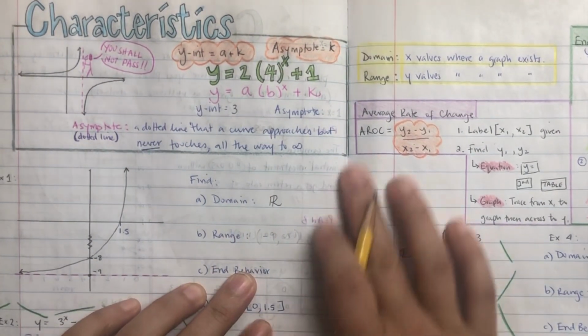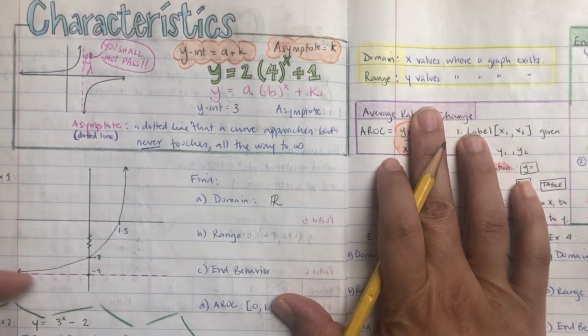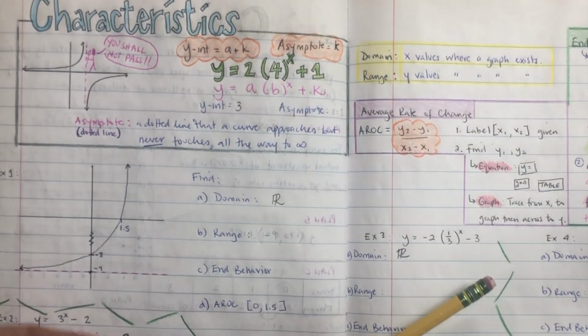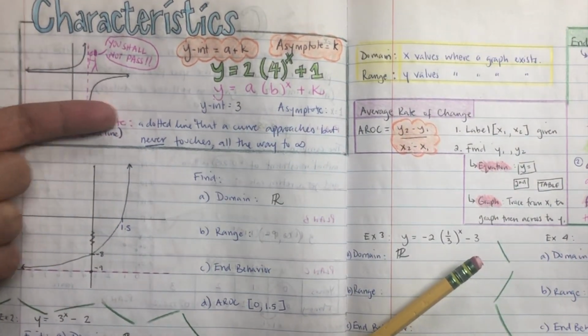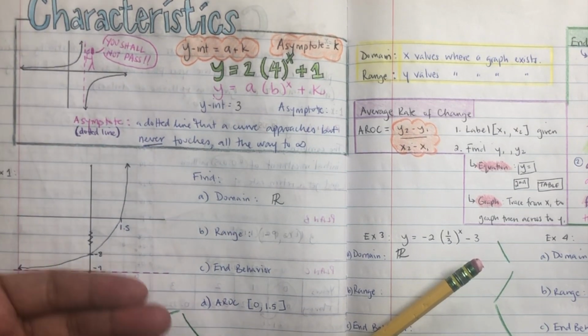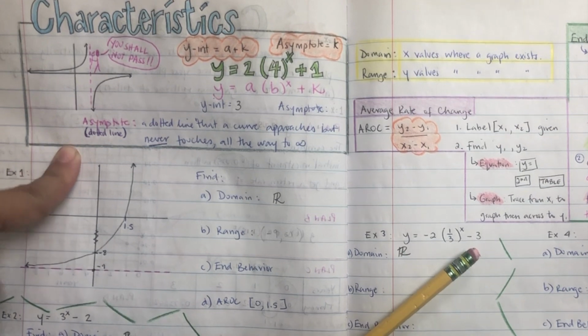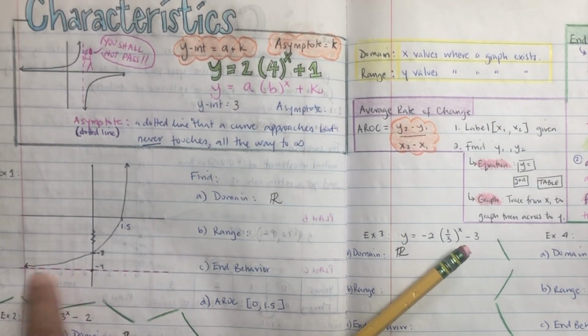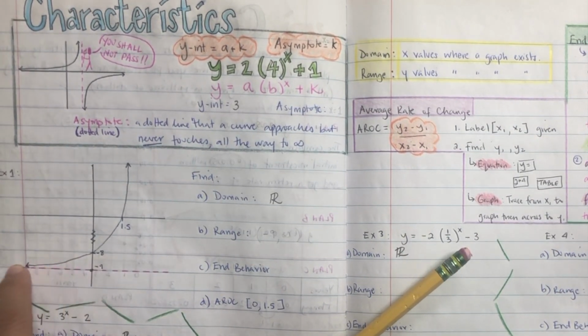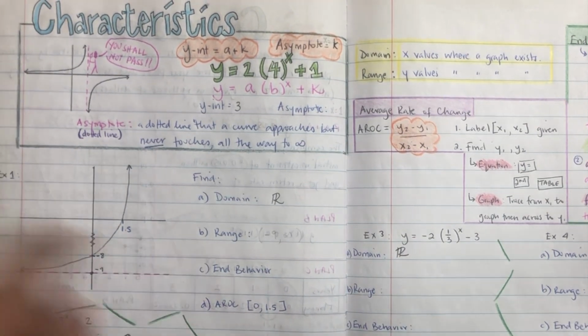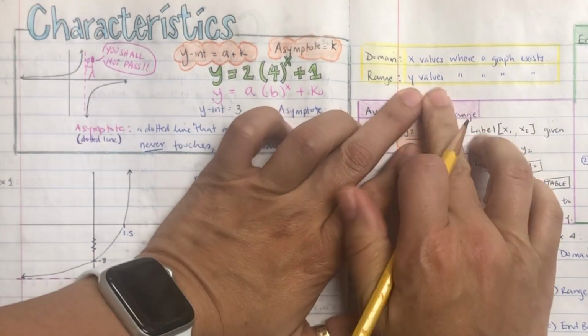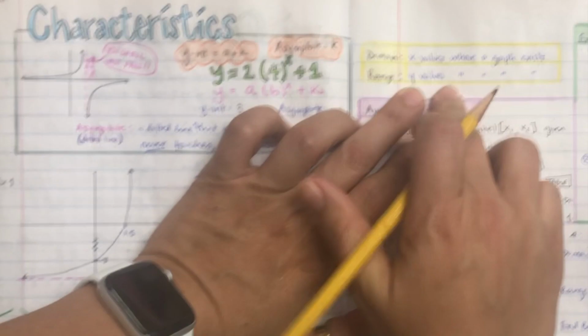All right, so when it comes to the range, because it's going from the bottom to the top, it's always going to either be negative infinity to the asymptote or the asymptote to positive infinity. Okay, but never including the asymptote, because as you can see, it never touches the dotted line. Okay, so I'm actually going to add that to our notes just to make sure that you don't forget it.